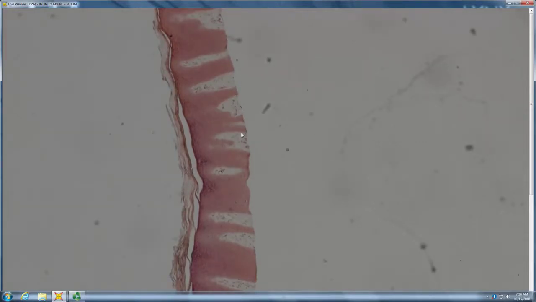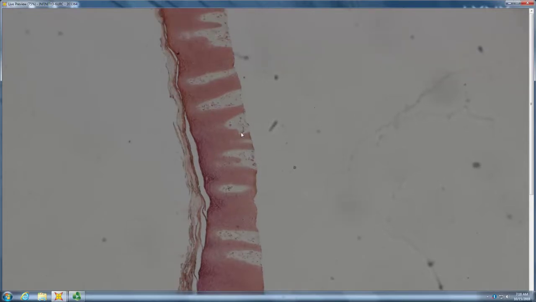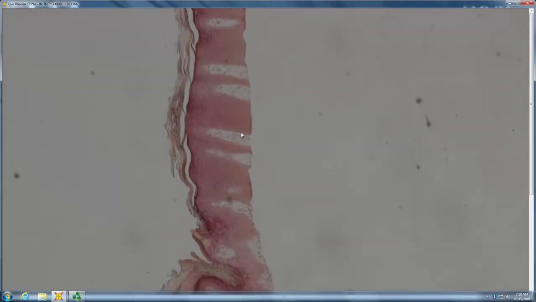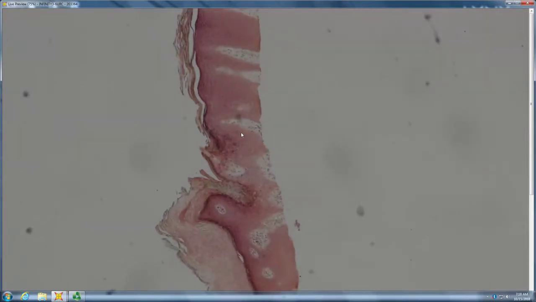I see the acantholysis and porokeratosis, correct. So center of poro can look like anything.